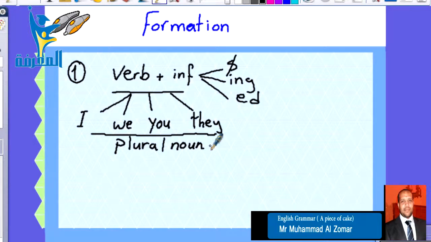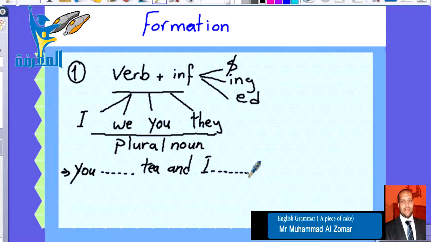So, if we are going to give some examples about this, we will say, you ___ tea and I ___ the bed every day.